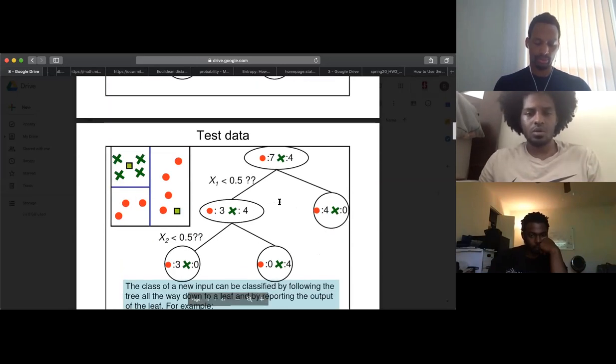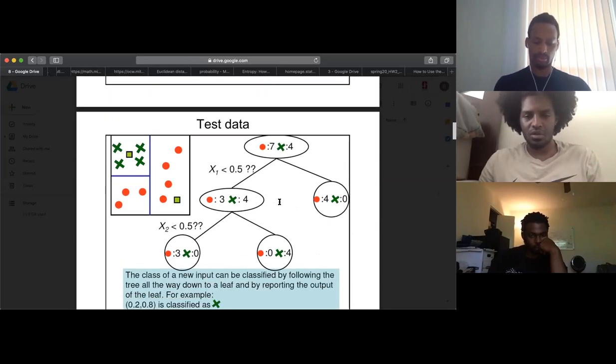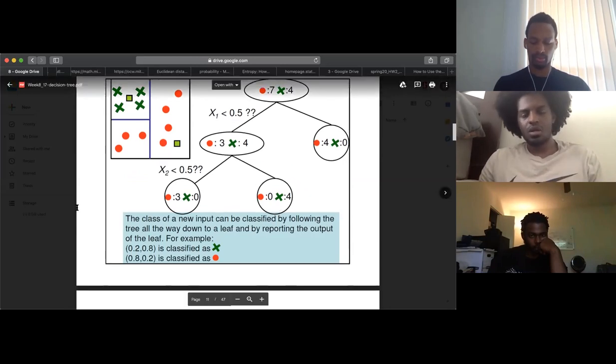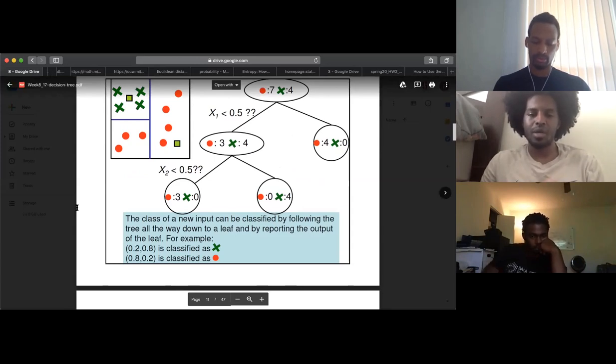The class of a new input can be classified by following the tree all the way down to a leaf, and reporting the output of the leaf.